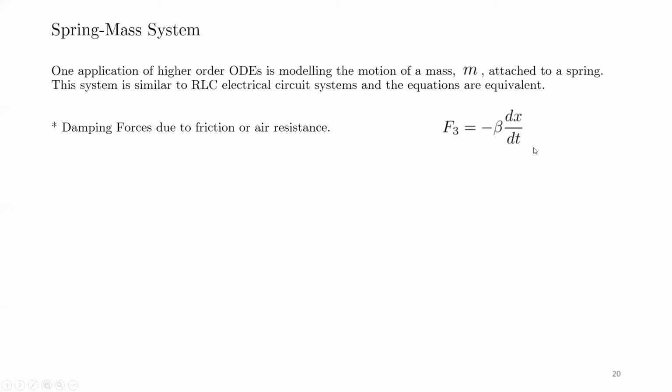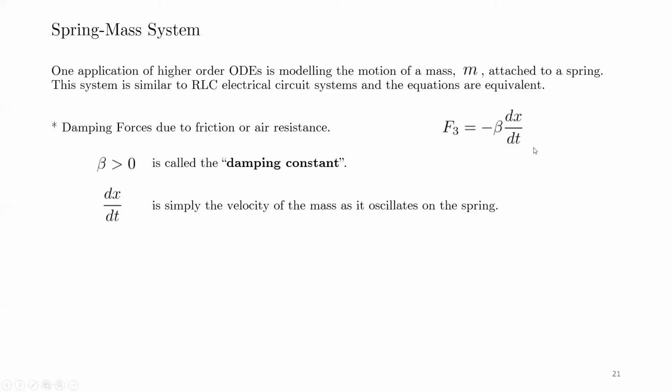Beta is called the damping constant, and that has to be greater than 0. dx by dt is just the rate of change of the position with respect to time, so that is just the velocity of the mass as it oscillates up and down on the spring. Again, the sign is negative because the damping force opposes the direction of motion. So if our spring and mass system is moving down, extending the spring, then the force due to damping is upwards. So again, that's where the negative sign comes from.